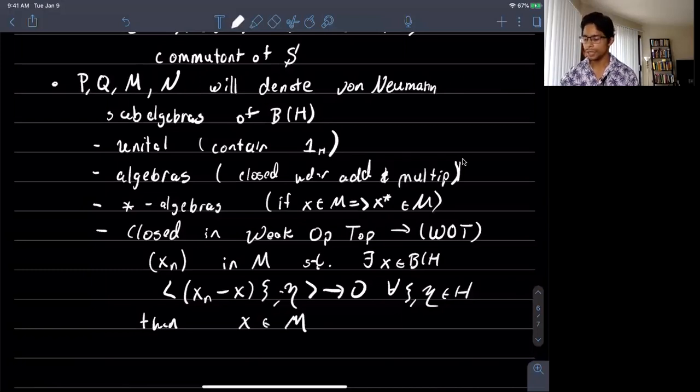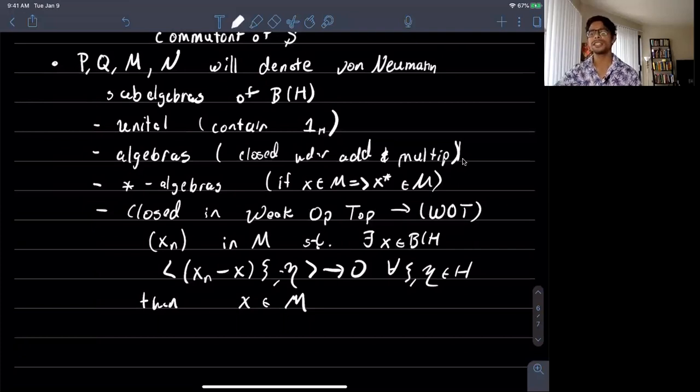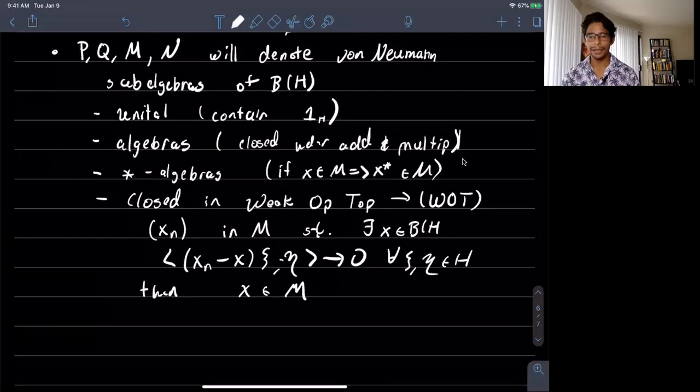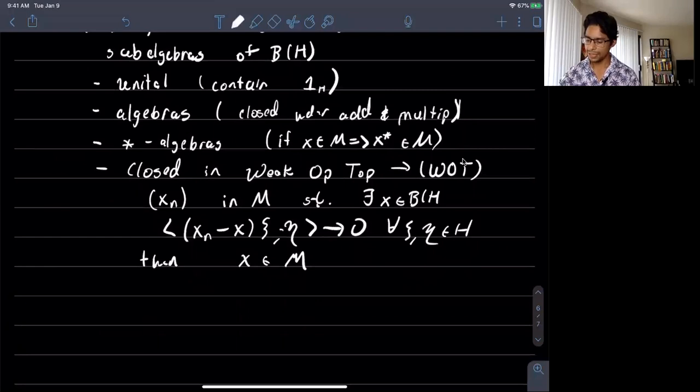Okay, so informally what this should tell you is that if you have an operator out there whose matrix coefficients can be approximated by operators in M, then that operator that you're approximating better be inside of the algebra in the first place. And so sometimes I'll just write it like this: M is the same thing as M closure with respect to the weak operator topology.